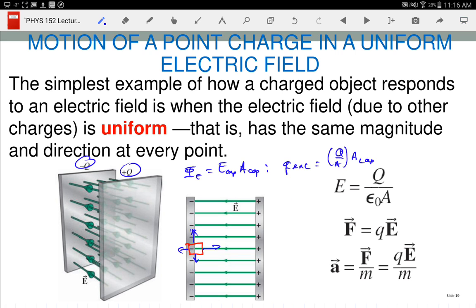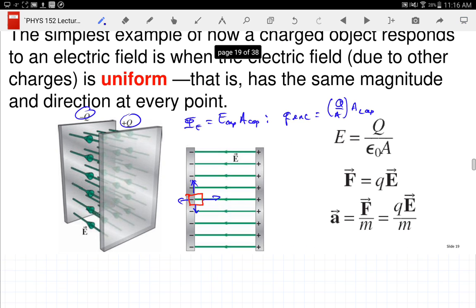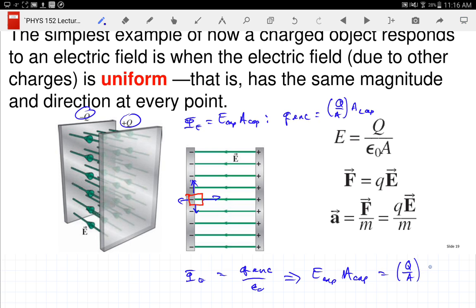Putting my law together, that's what Gauss's law gives me. I just applied that the flux is equal to charge enclosed over epsilon 0.